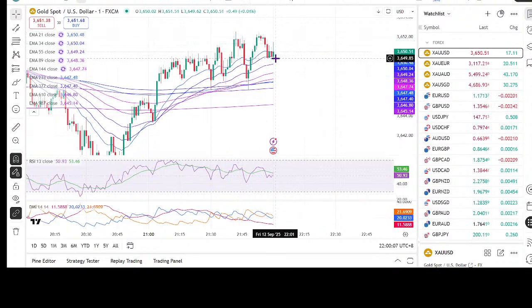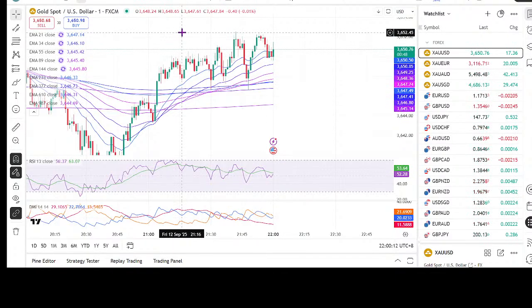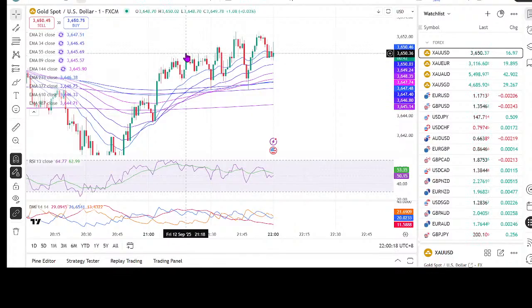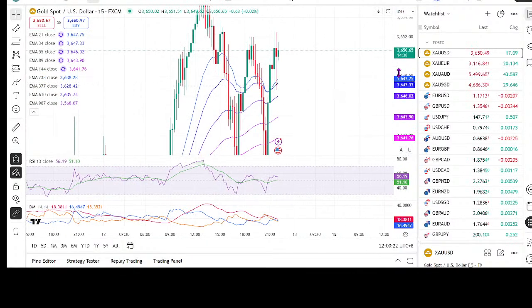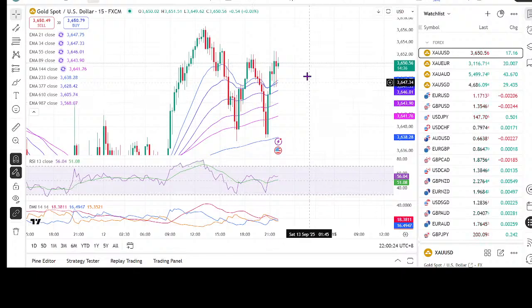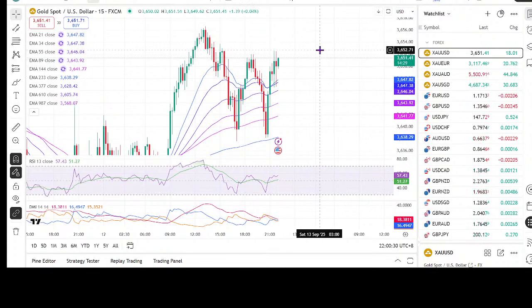Now we are seeing some strength, but not enough. We have to see 52, 53 break, then we can be at a comfortable level. Until then we are still in a danger zone. Until it breaks this high, we are still in a danger zone.